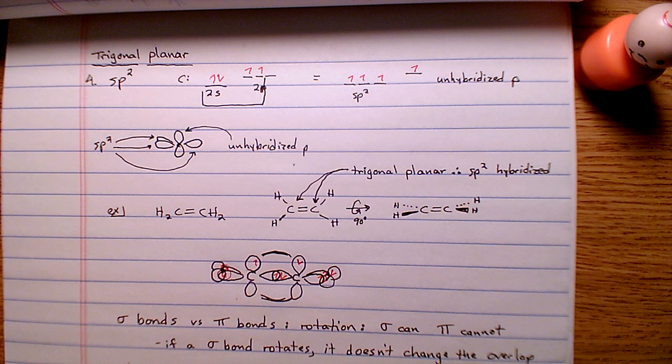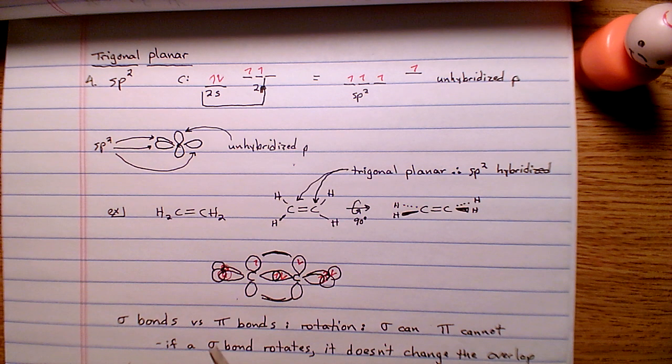Note that this carbon-carbon bond here is a sigma bond. So you have this sigma bond as these two sp2 hybrids are overlapping each other. Our sigma bond here. We've got the hydrogen 1s overlapping with the carbon sp2 hybrid is another sigma bond here, here, and here.